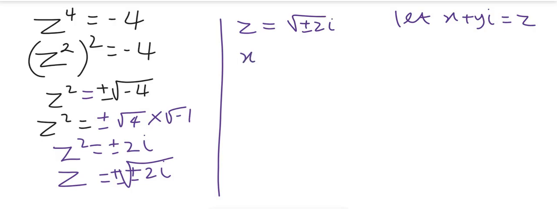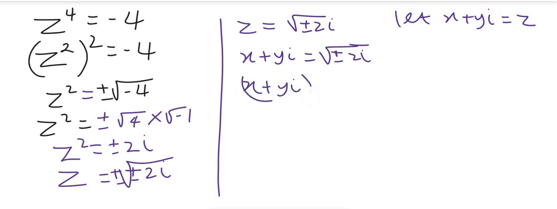So this is x plus yi equals the square root of plus or minus 2i. The next thing is to get rid of the square root. Don't forget how you do square root of complex numbers. So I have x plus yi equal to the square root of plus or minus 2i.